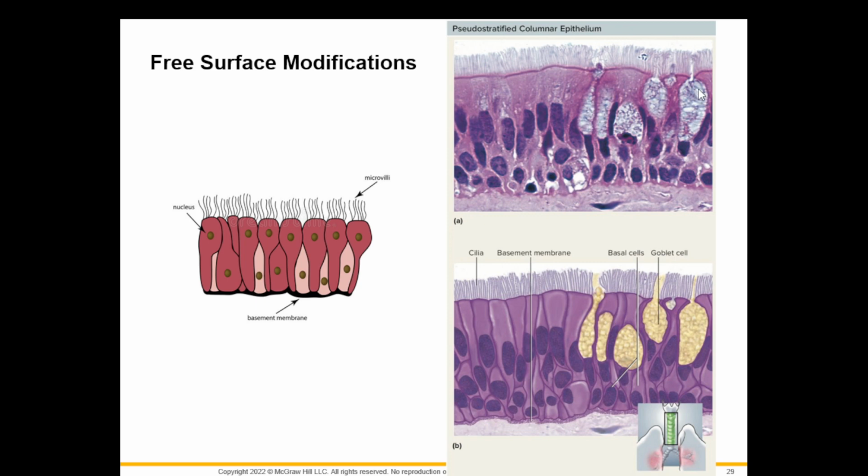Since we have mucus, we should be able to move it. Thus, the modification on the free surface is cilia, in order to move the mucus towards the throat to be swallowed. In some other parts of the body you will find microvilli, which are important for absorption.